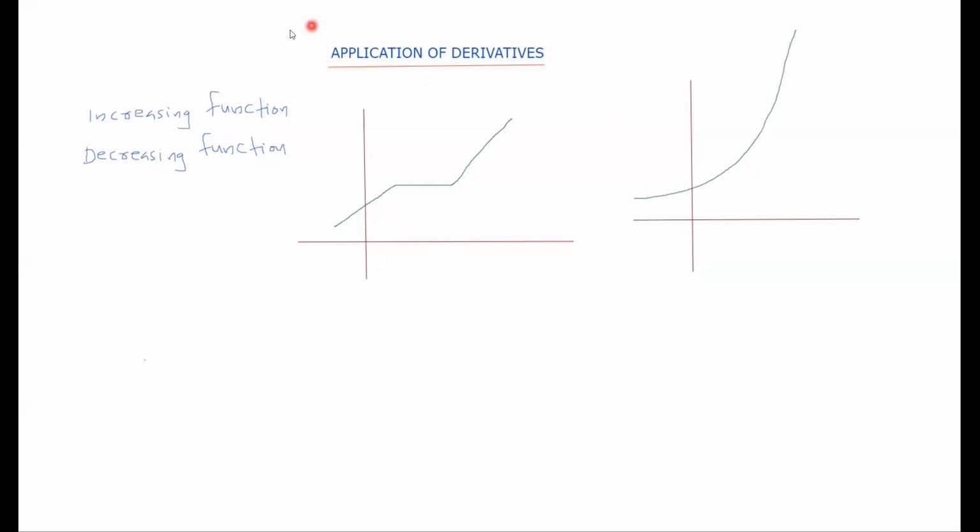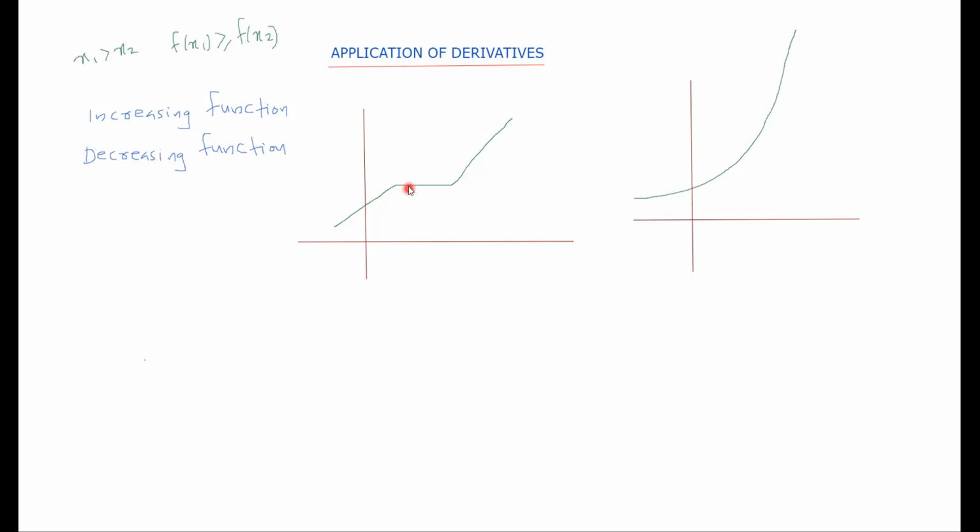Increasing function means when x is increasing, when x1 is greater than x2, then f of x1 is greater than or equal to f of x2. That means when x is increasing, function value is also increasing.